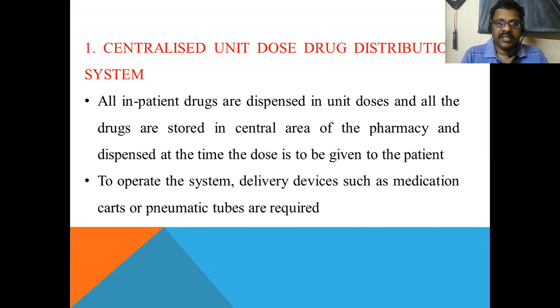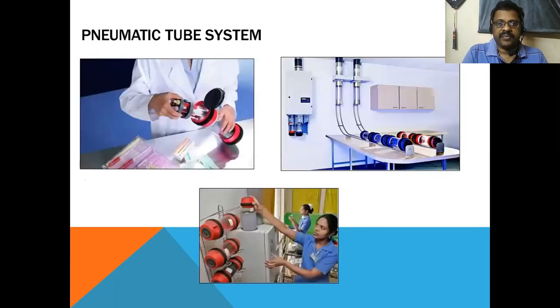All inpatient drugs are dispensed in unit doses, and all the drugs are stored in the central area of the pharmacy and dispensed at the time the dose is to be given to the patient. To operate the system, delivery devices such as medication carts or pneumatic tubes are used. This is a pneumatic tube.